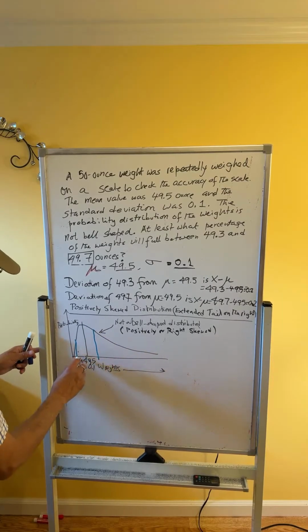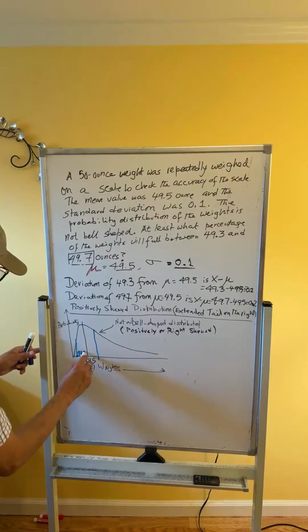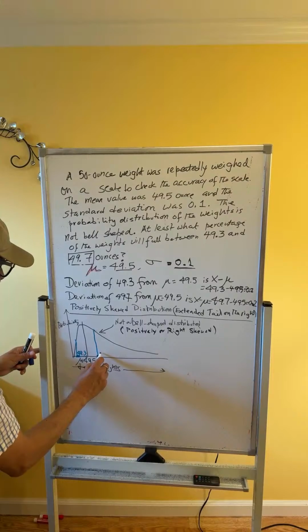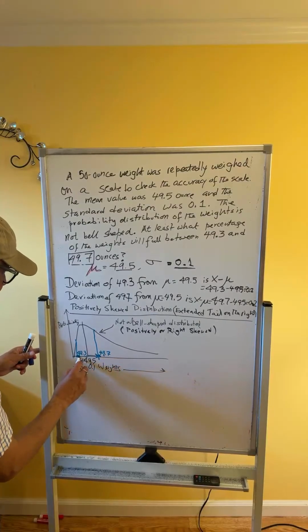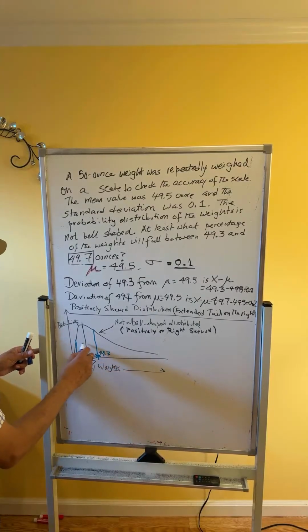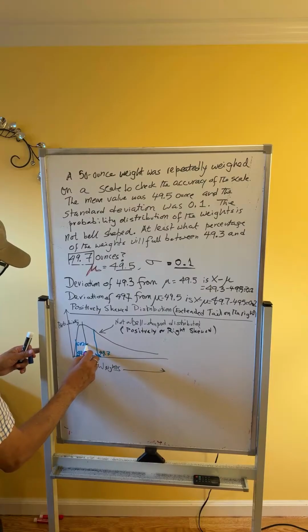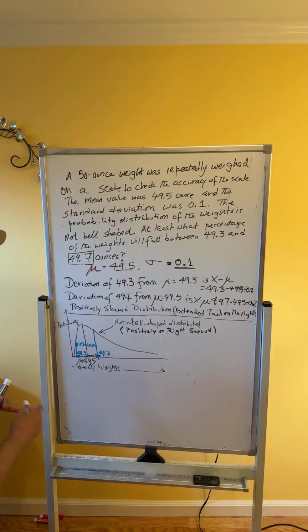This number, 49.3, is below 49.5, on the left, and this number, 49.7, is on the right of the mean, higher than the mean. Both of them are 0.2 away. This is minus 0.2 because it's on the left of the mean, and this is positive 0.2 on the right of the mean.